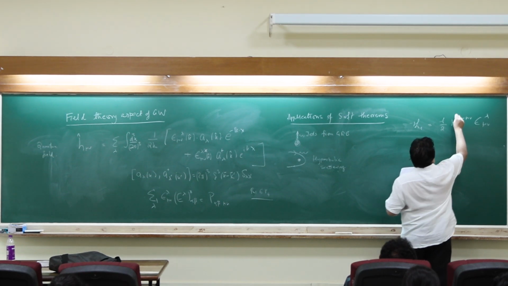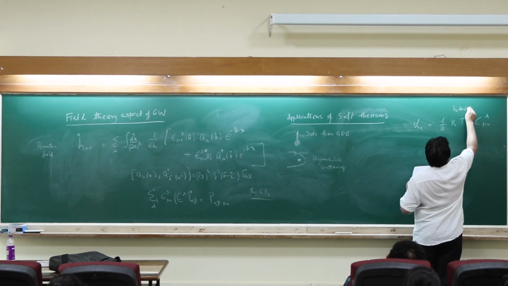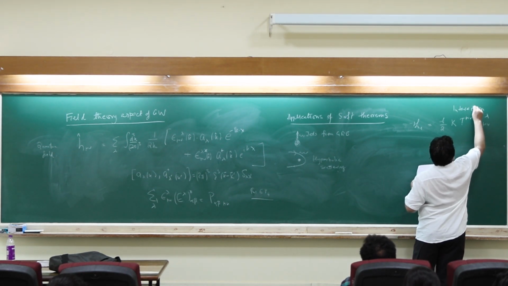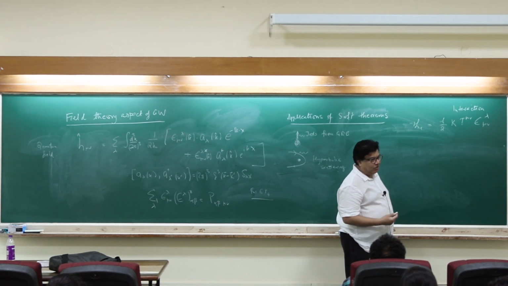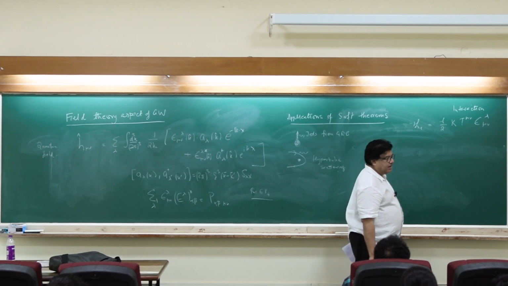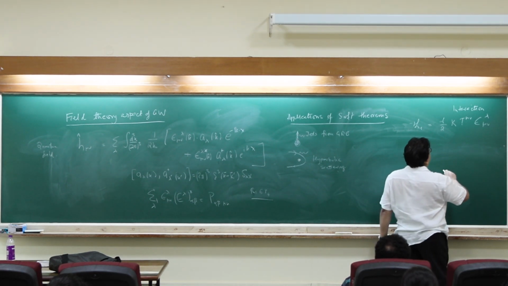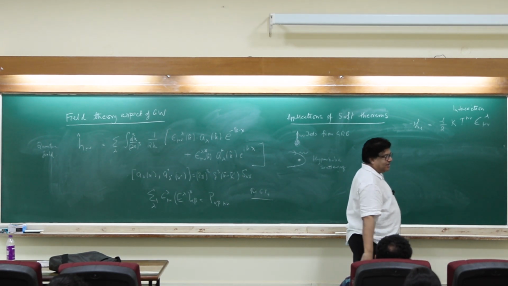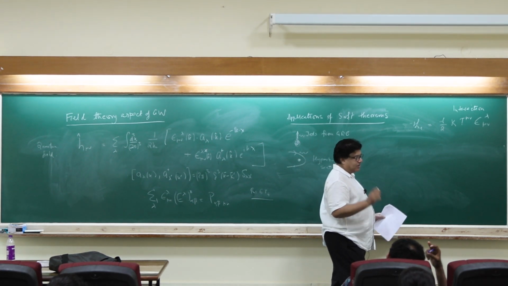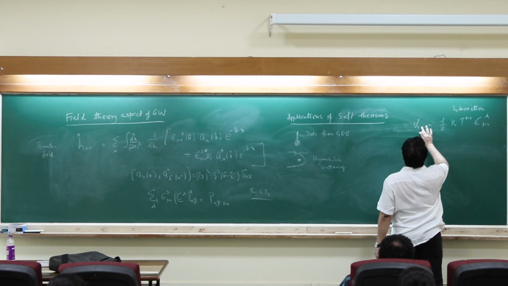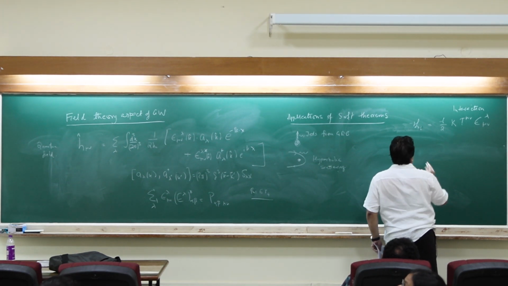This will be my interaction vertex, right? In the quantum theory, when I want to write a Feynman diagram. Just like the photon, J mu times the epsilon mu, this is the interaction vertex.